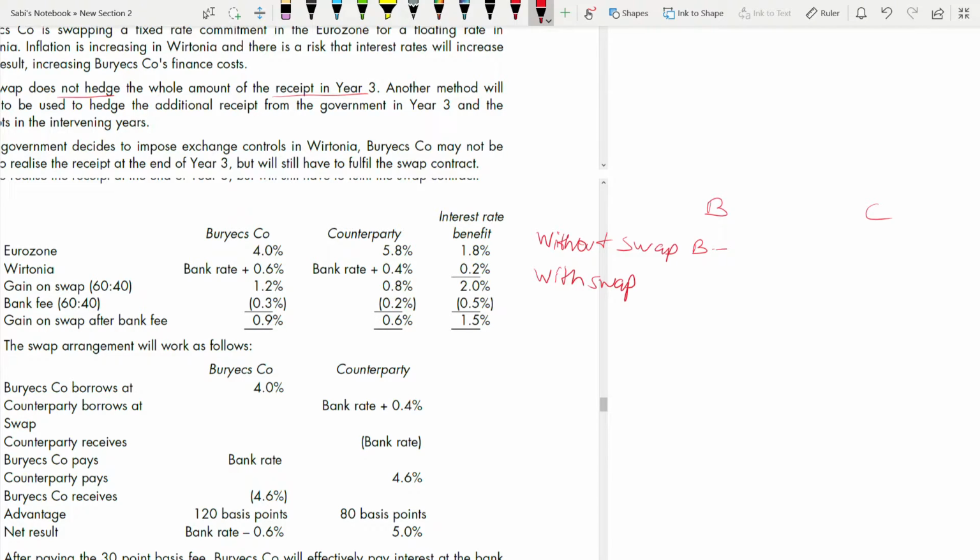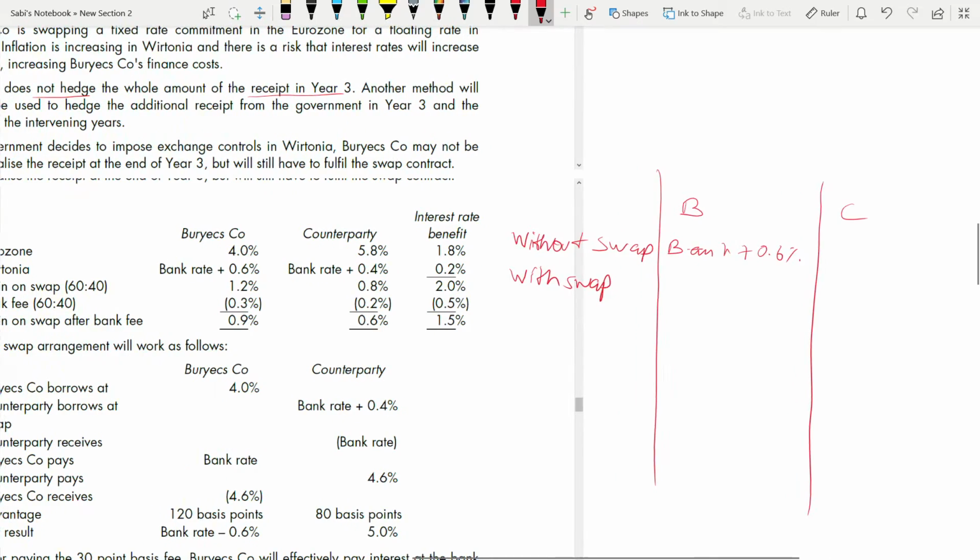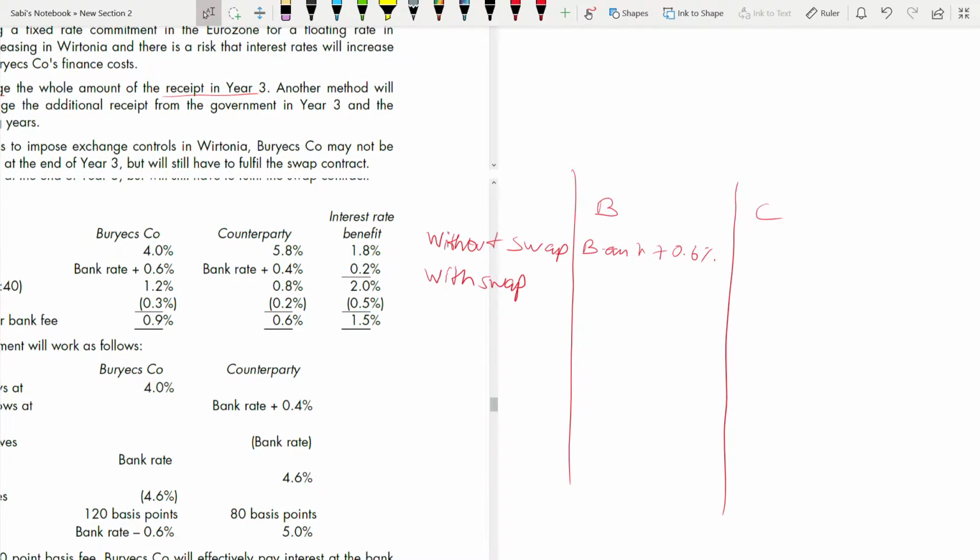Let's say bank plus 0.6%. I will draw a line. Counterparty is going to take the higher rate without swap, that is 5.8%, because Brewers company has taken variable rate, so counterparty will go for the fixed. It's opposite. If one goes for fixed, the other one will go for variable.